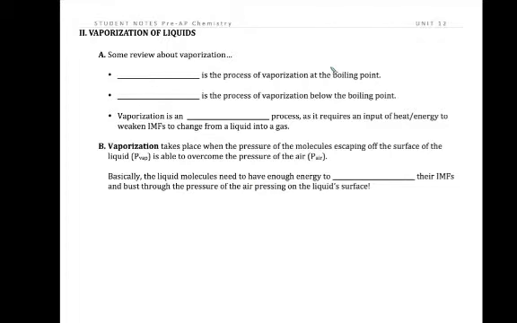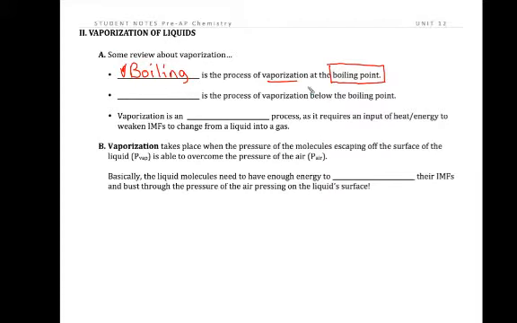If we are at the boiling point, let me define that in just a second. Let me hold off on that. That's called boiling. So it's the vaporization. It's going from liquid to gas at the boiling point. That's the vaporization.